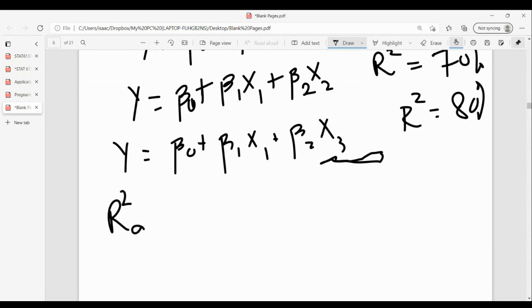And this is where R squared adjusted came into play.